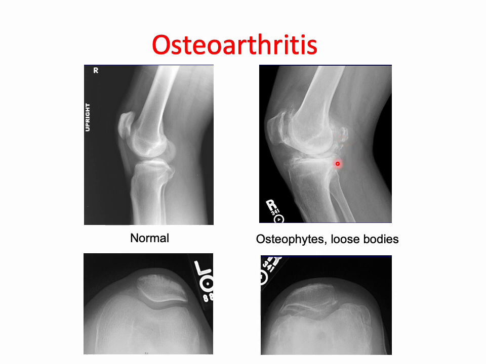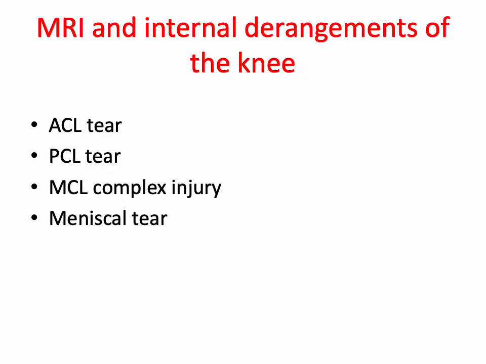You can also see on lateral projection loss of joint spaces, but also loose bodies within the joint, and osteophyte formation in multiple compartments. MRI is particularly good at looking for internal derangements of the knee, better so than other modalities.